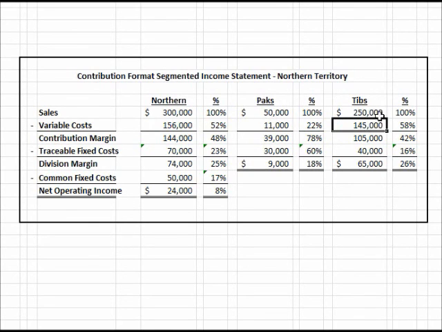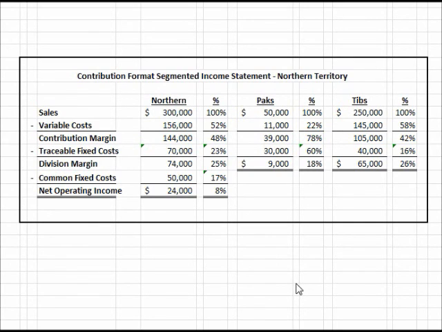And the variable costs are accordingly, and they're pretty high for that particular product as well. So that gives us contribution margins, and then we take a look at the traceable fixed costs. We see they're not that different. But as a percentage of sales, the packs is a lot larger. So what do we know? This one's probably not selling as much as it should. So using that information, we can break down where we think the problems might lie.